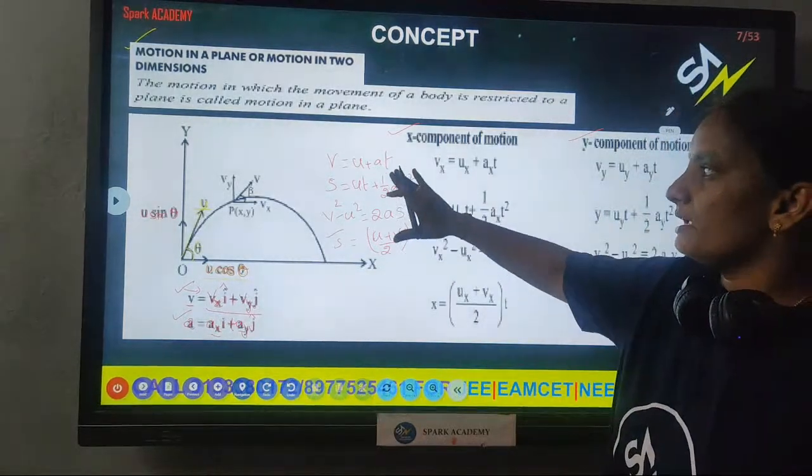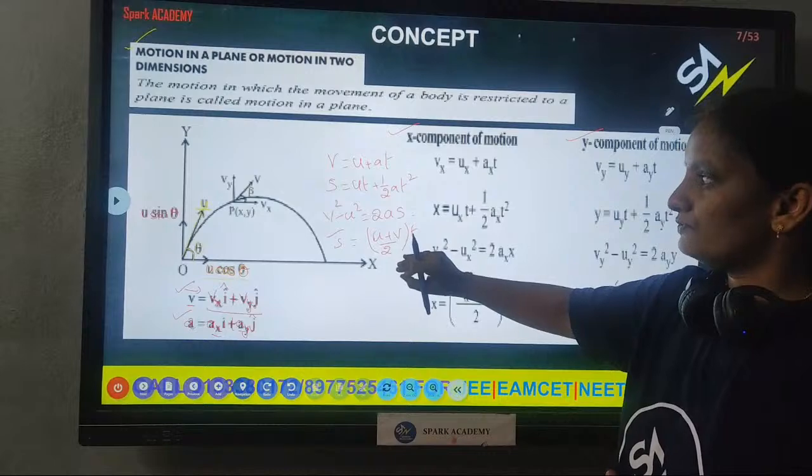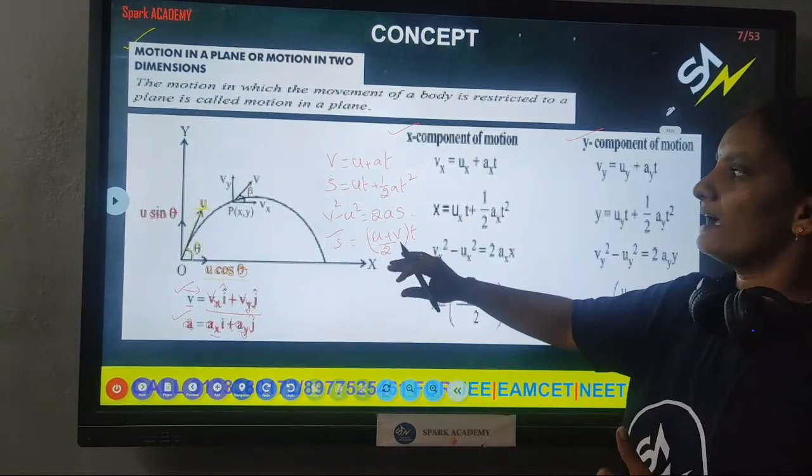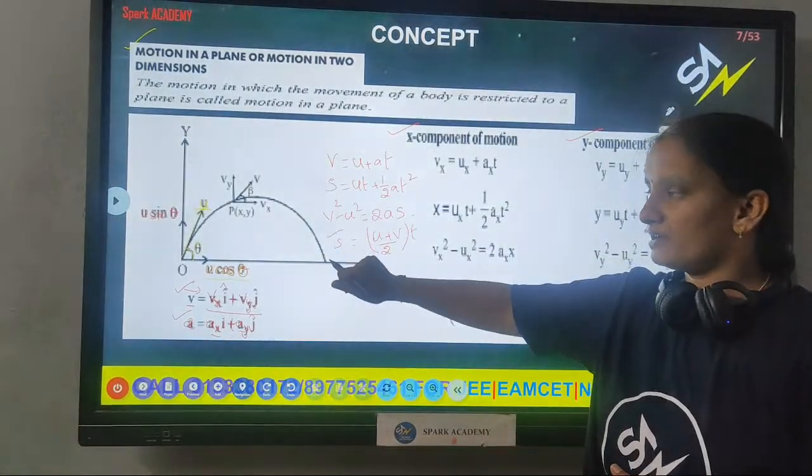These are the standard equations of motion which we discussed with motion in a straight line.